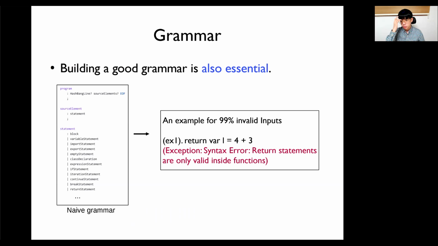But the grammar does not describe that the function statement expands first and then the return statement expands within this function statement. As a result, due to this insufficient grammar knowledge, a lot of redundant JavaScript files will be generated during fuzzing. So building a good grammar is also an essential process for enhancing the overall performance of generation-based fuzzers.